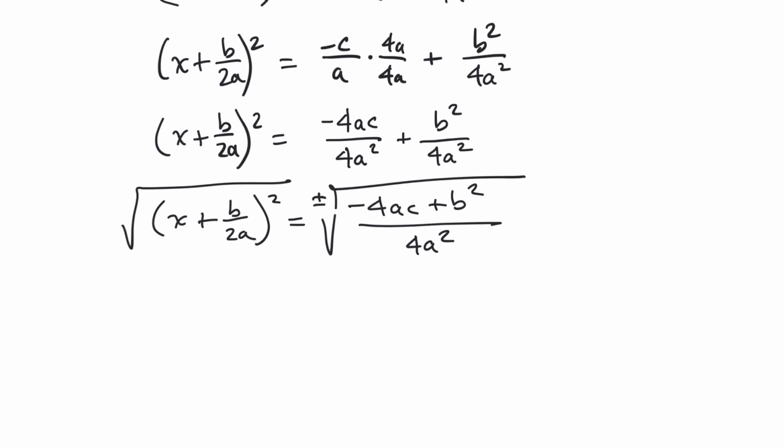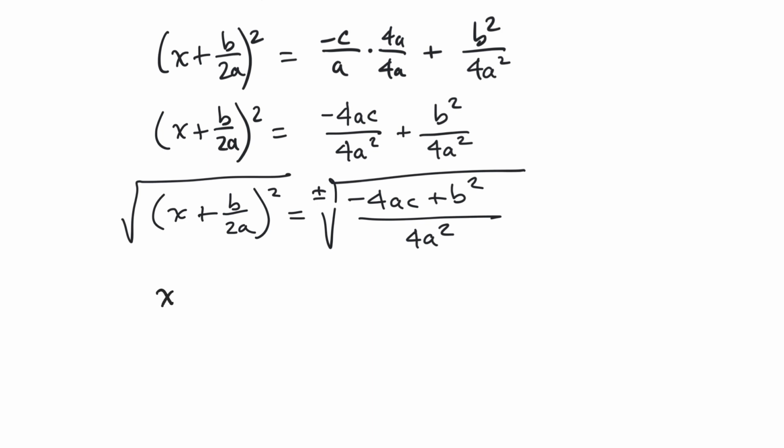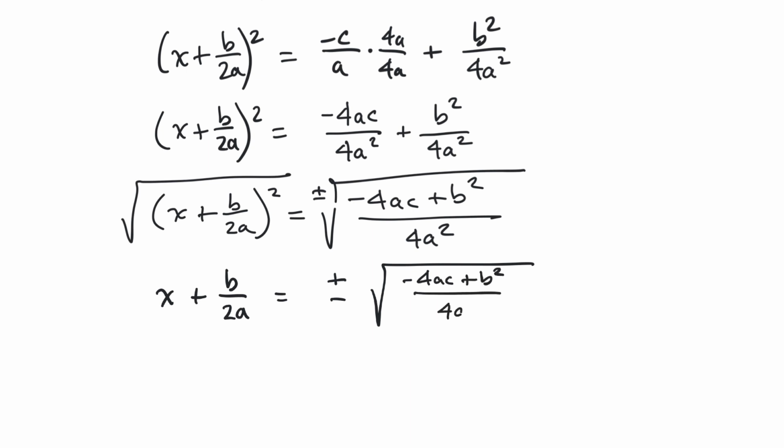Give ourselves some room. Okay, so now we have x plus b over 2a on the left. And on the right, we've got plus or minus, and then we have the square root of this whole big monster here. Just like that. Okay. I think what we'll do now is simplify this right-hand side.